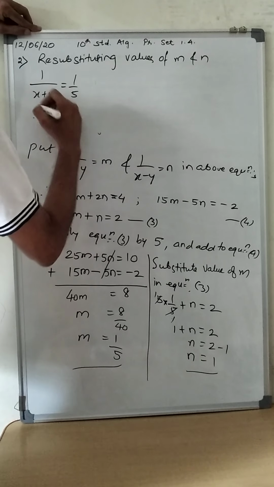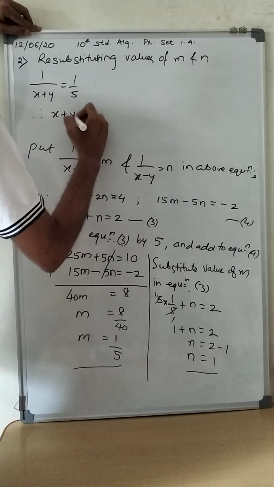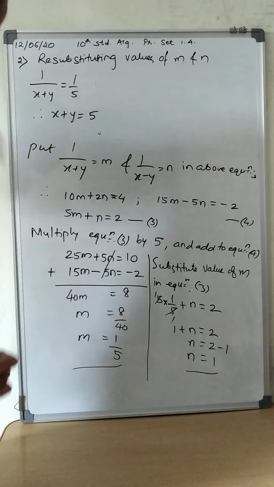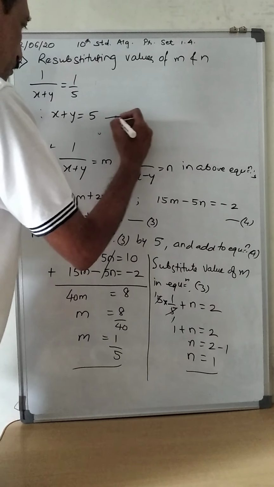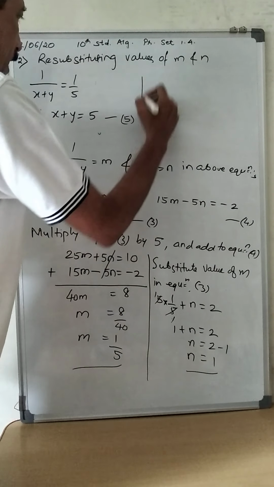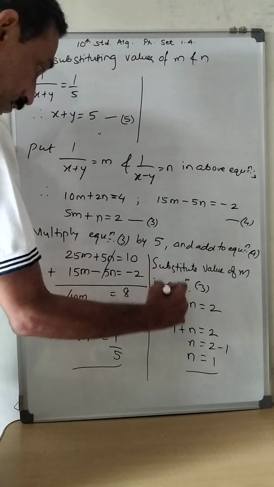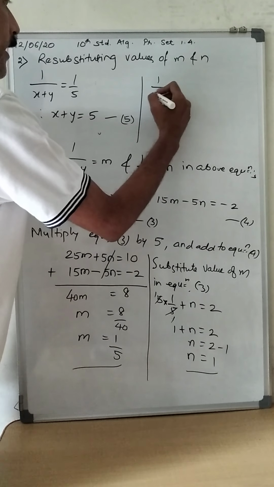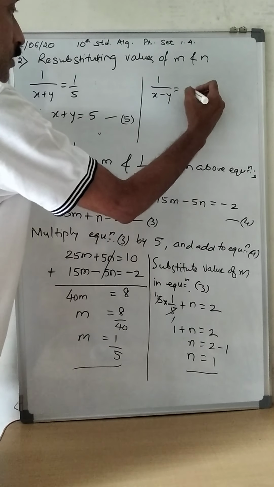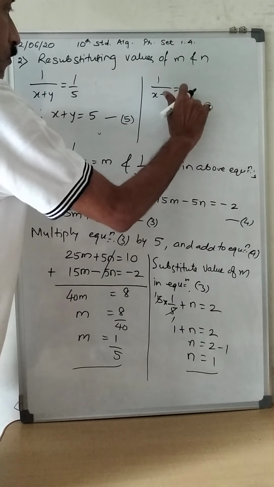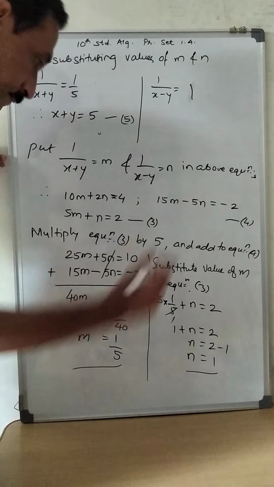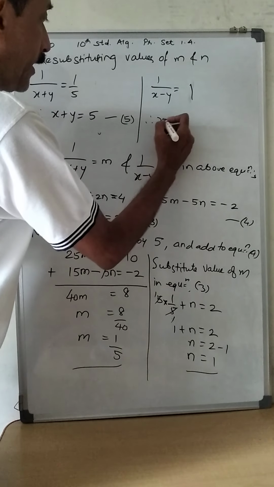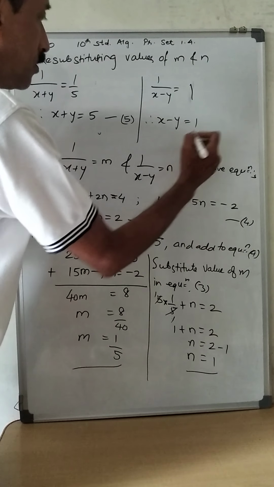So therefore, cross multiplying, we get x plus y is equal to 5. This is equation 5. And we get 1 upon x minus y is equal to n, that is 1. So therefore x minus y is equal to 1.